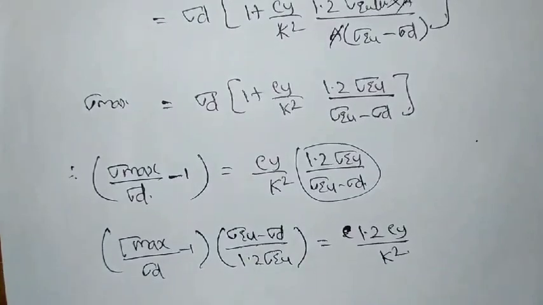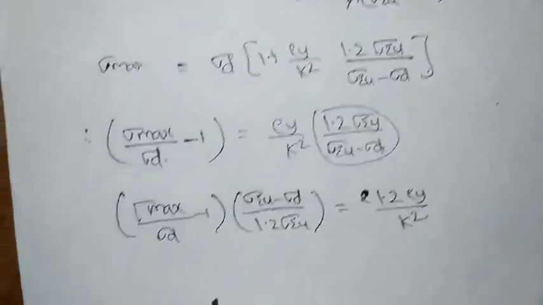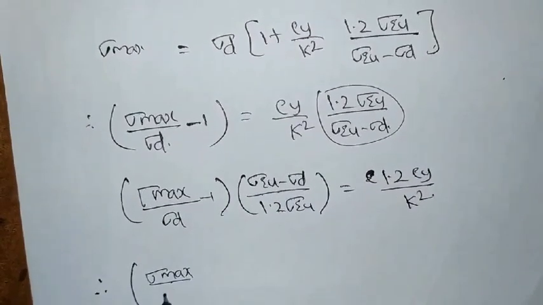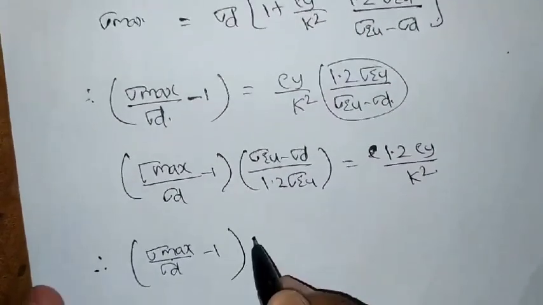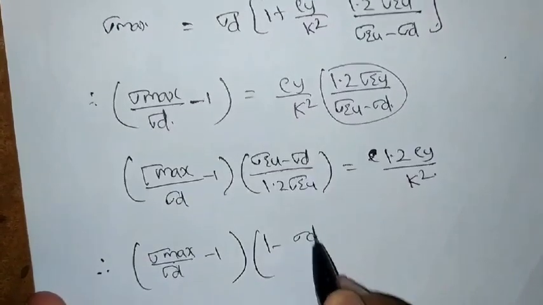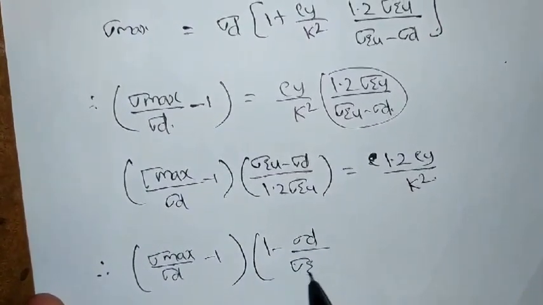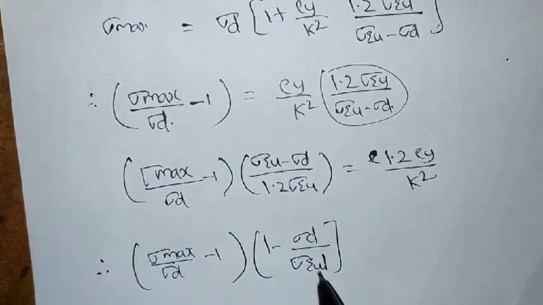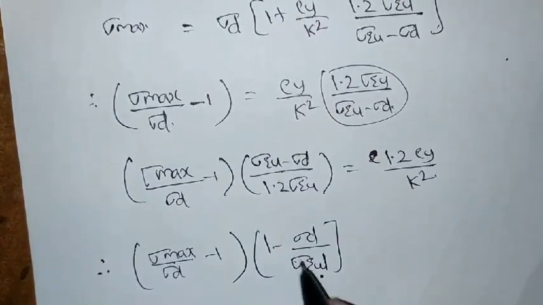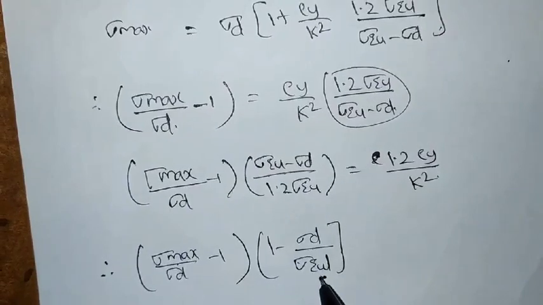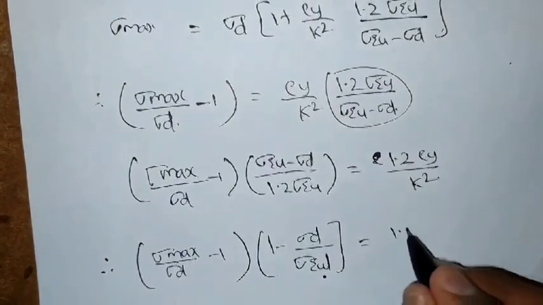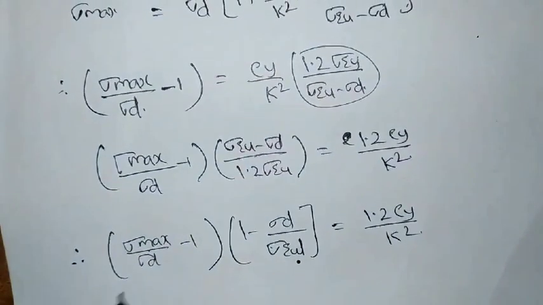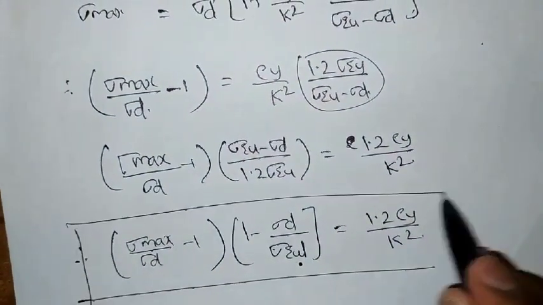So finally this equation can be written as sigma max by sigma d minus 1 of 1 minus sigma d by sigma Euler's is equal to 1.2 Ey by k square. So this is Professor Perry's formula.